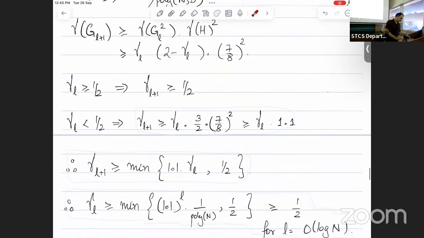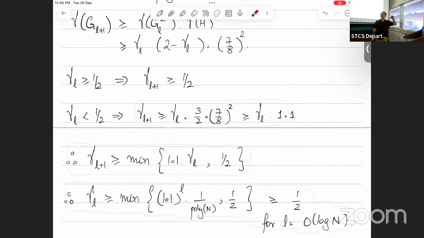So this means that in terms of gamma_1, the first guarantee that you have, after L steps, either I have become 1.1 to the power L times what I started off with, or at some point in the process, I have already hit half, at which point I'm going to stay at least a half. Now, obviously, if you choose L appropriately, both sides are going to be at least a half. So for a suitable choice of L, which is of order log n, you are guaranteed that the graph G_L has a spectral gap of at least a half.